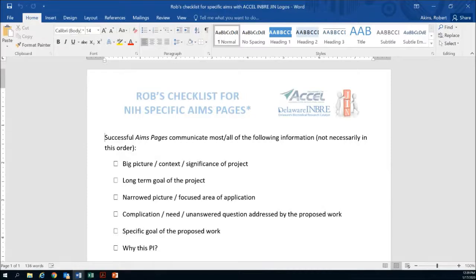It's not something that's specified that you have to put in there, but it is something that, I'll use this quote, when you read a specific aims page and you go, well, that's a good one, it's generally in there. And reviewers with experience, I've done tons of NIH reviews, you kind of know it when you see it.